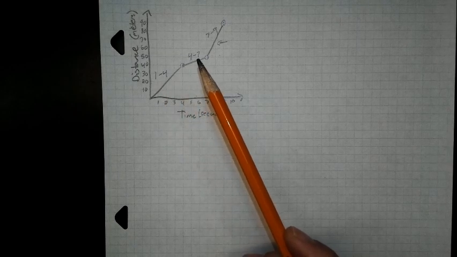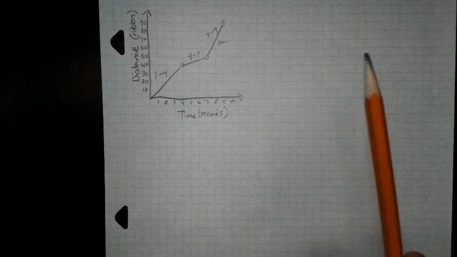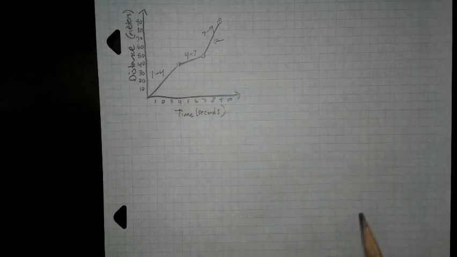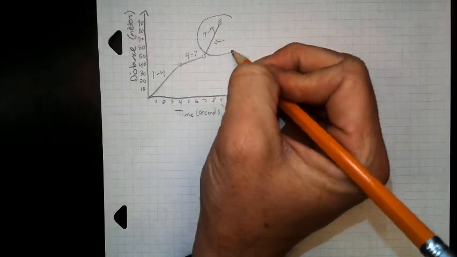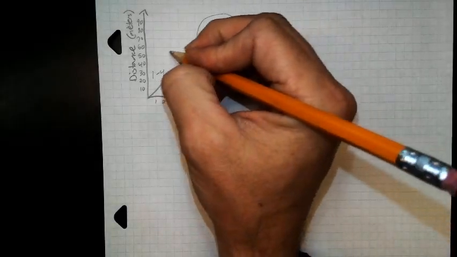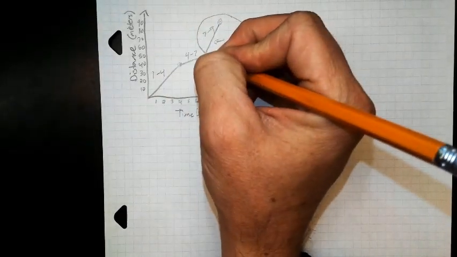Between 1 and 4 seconds, 4 and 7 seconds, or 7 and 9. You could calculate the whole thing out, but you could also answer the question really fast by simply saying, this is steeper than the other parts, so I know it's faster, so I'm going to pick the one that says 7 to 9.